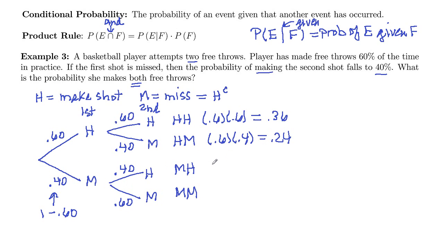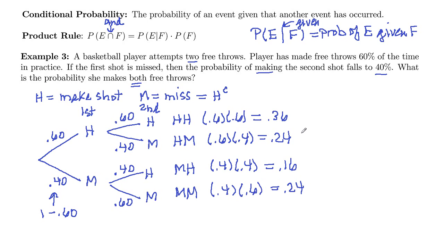Miss followed by hit is going to be 0.4 times 0.4, which is 0.16. And then two misses, 0.4 followed by 0.6, multiply those and we get 0.24.